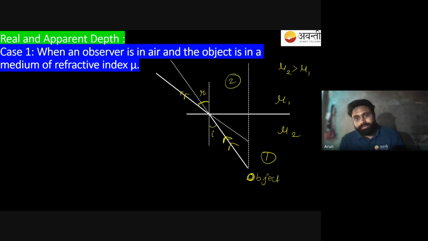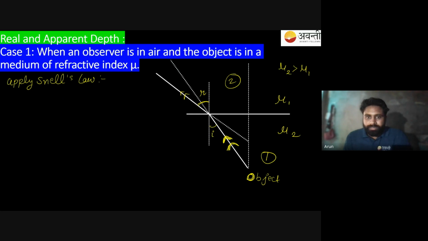Learn this concept: we have to move on in the direction of the incident ray. mu2 will be the refractive index of that medium from where the incident ray is coming, and mu1 is the refractive index of that medium to where the ray is going. So this ray is traveling from the medium having refractive index mu2 to the medium having refractive index mu1. So apply Snell's law.